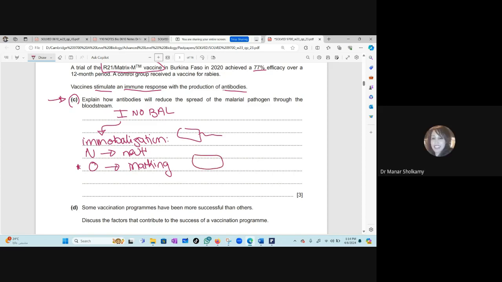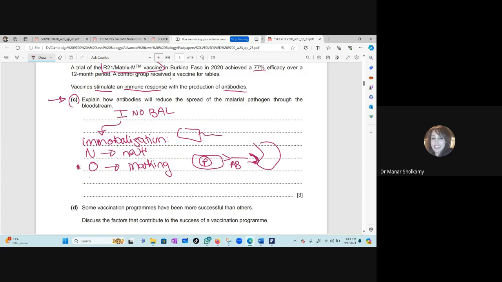Yes. Of course, this is the pathogen, this is the antibody, and the phagocyte will have a complementary receptor that will join with the antibody. The phagocyte cannot see the pathogen except if it is marked with an antibody. So it helps the phagocytosis process.